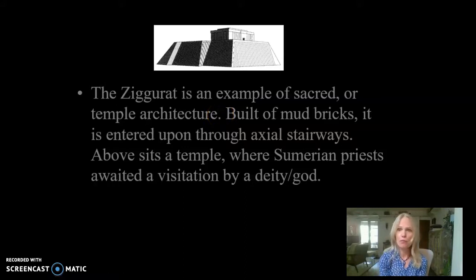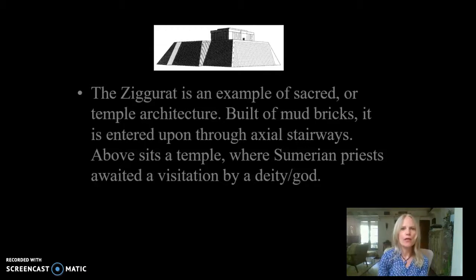It's built of mud bricks. There aren't really sources of stone in Iraq, so things that needed to be built were often done so with mud bricks, which you can see the problem over time with weather and age, not such an enduring material.